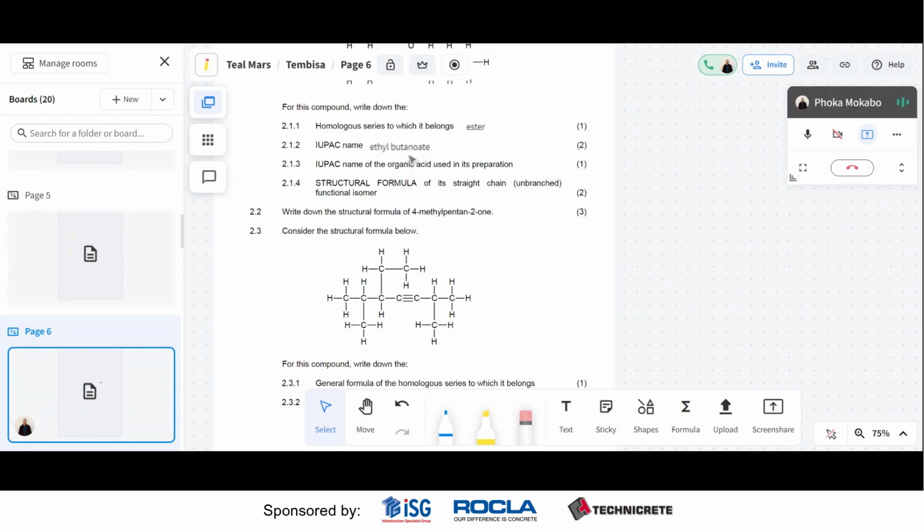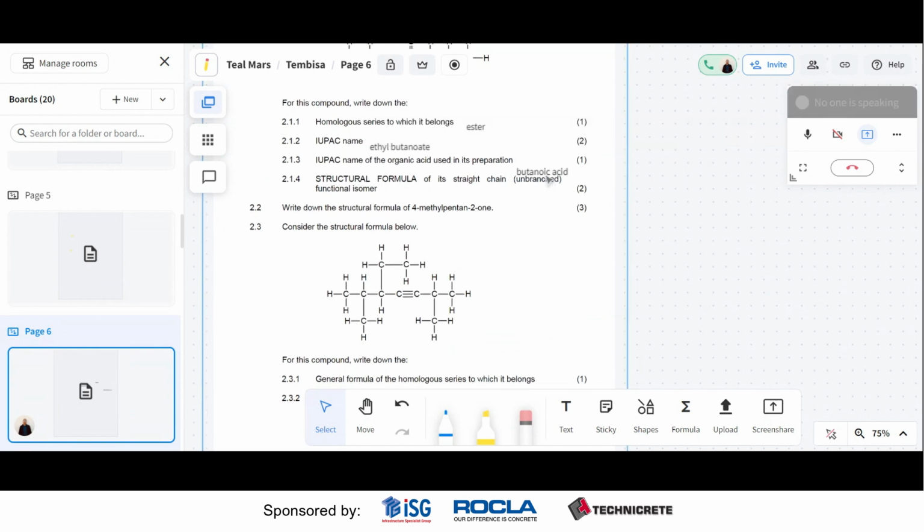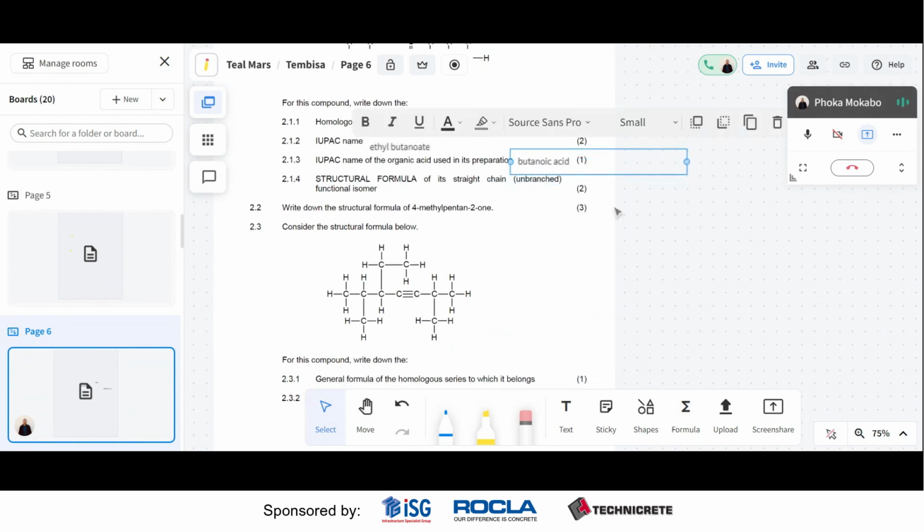So in this case, we're looking at this specific part because they're asking for the acid. And so therefore, we are looking at butanoic acid. Let's see if we can fit it in here. Butanoic acid. There we go. Fits perfectly.